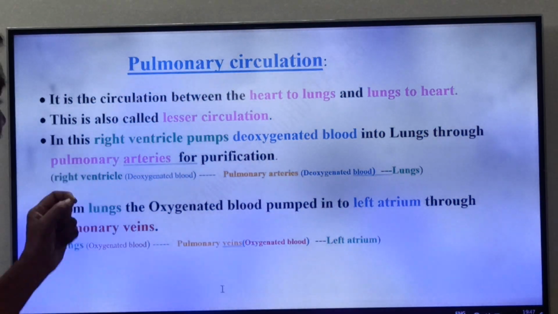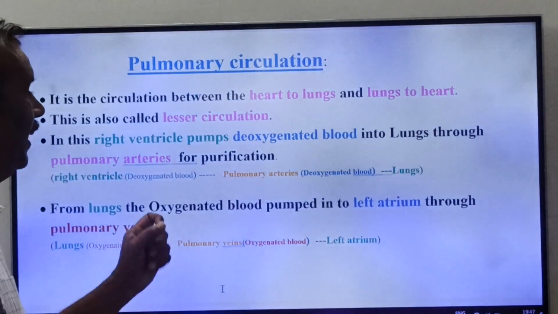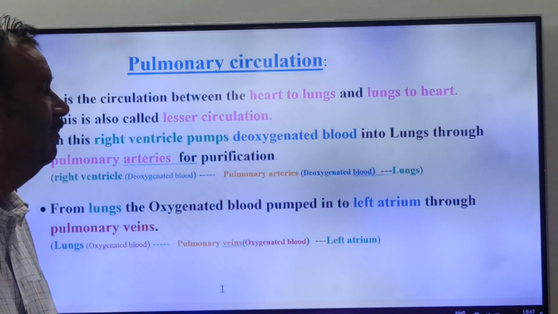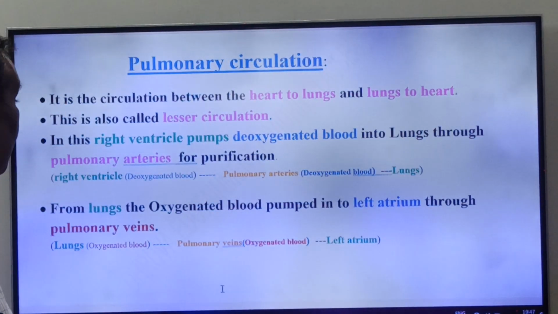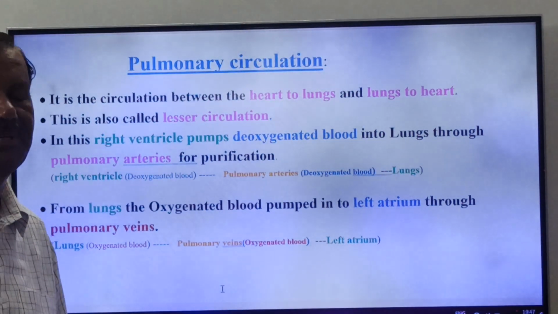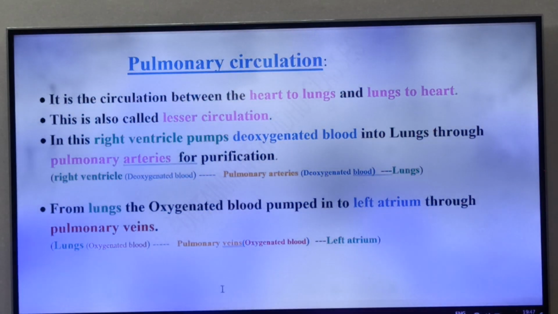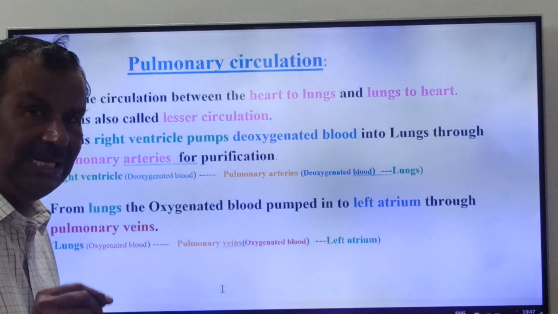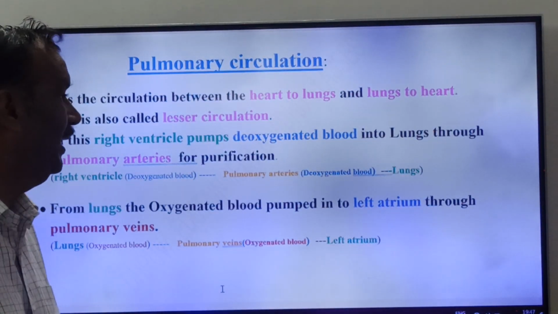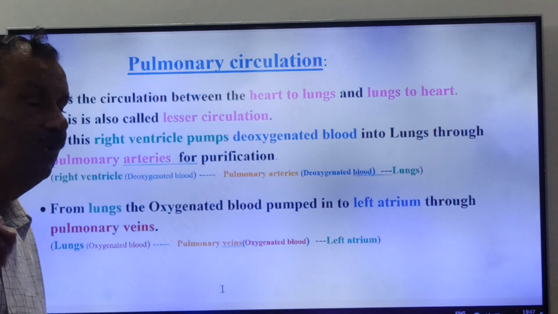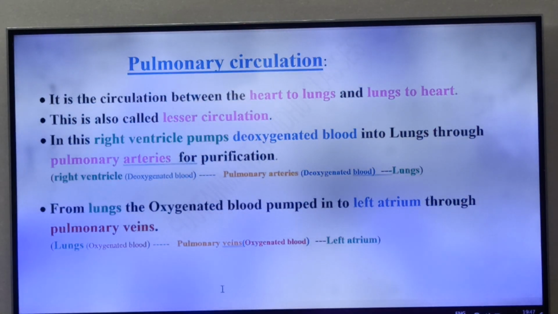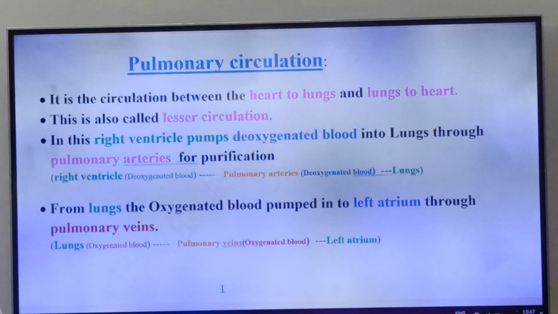In this, the right ventricle pumps deoxygenated blood into the lungs through the pulmonary aorta for purification. In the pulmonary circulation, the right ventricle pumps deoxygenated blood, or carboxylated blood, to the lungs through what, friends? Through the pulmonary aorta, for purification.